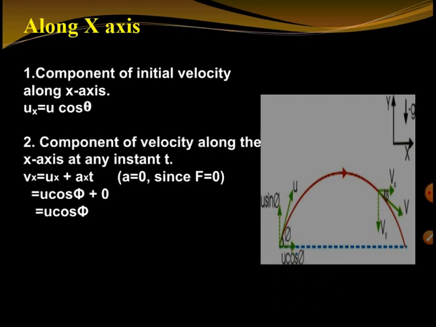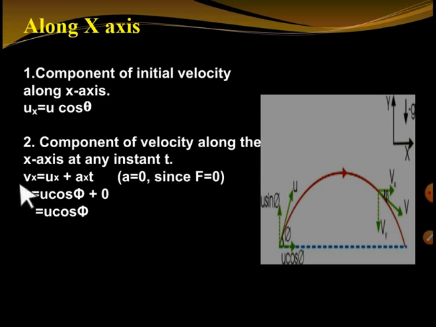Now let's take the component of velocity along the x-axis at any time t. Suppose this is at any time t, then what will be the velocity vx at this time t? Then by using the kinematic equation v is equal to u plus at, we can easily find the velocity along the x-axis at any time t.